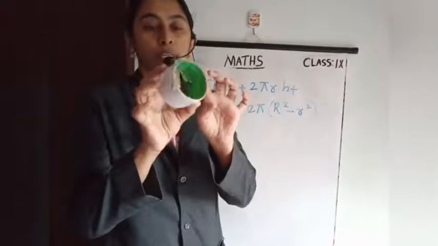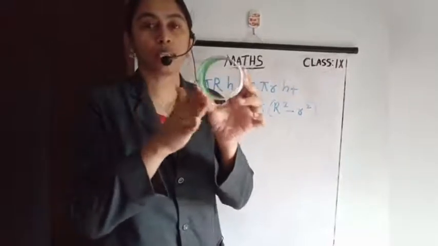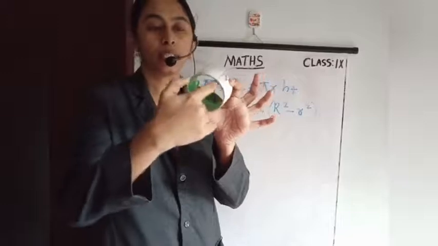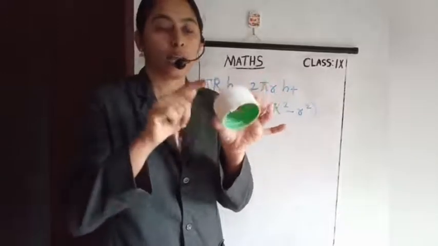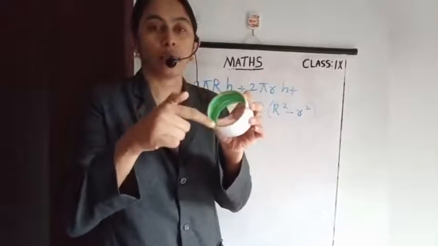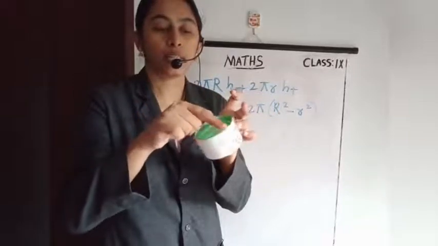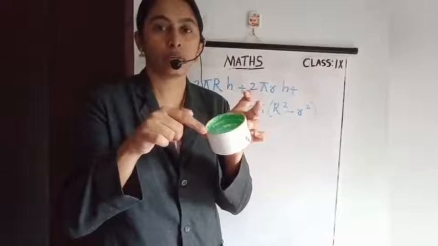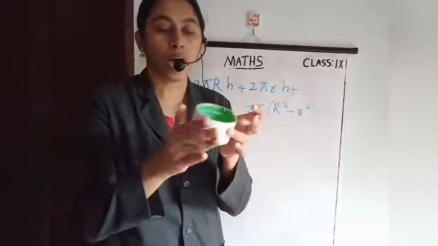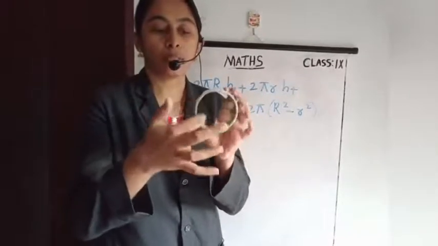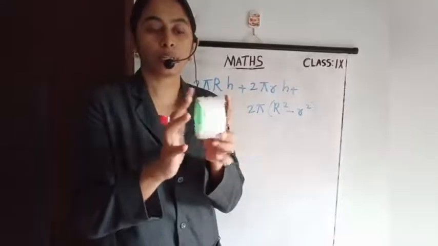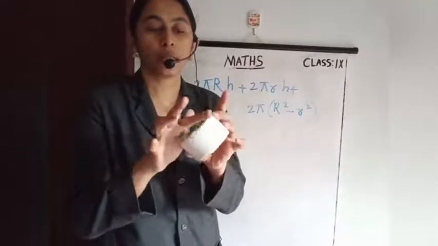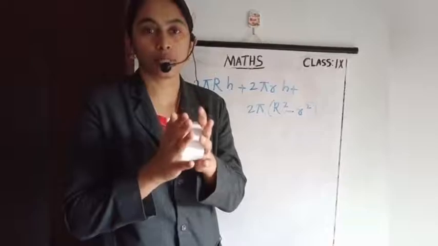So total surface area means this outer surface area plus this inner surface area, then this area. We need to find this area to include in total surface area. Then only it is total surface area. That is this outer surface area plus this inner surface area plus these portions' area. Then only it is total surface area.